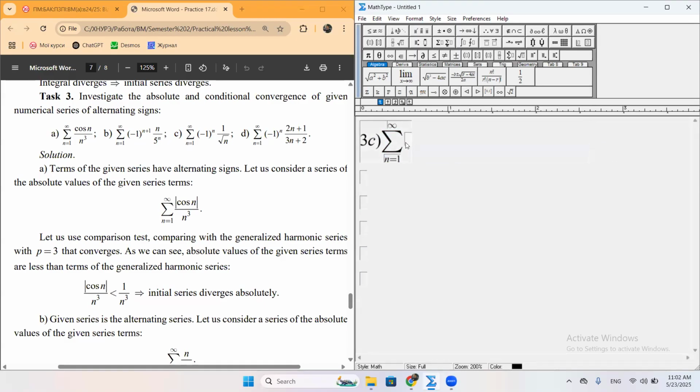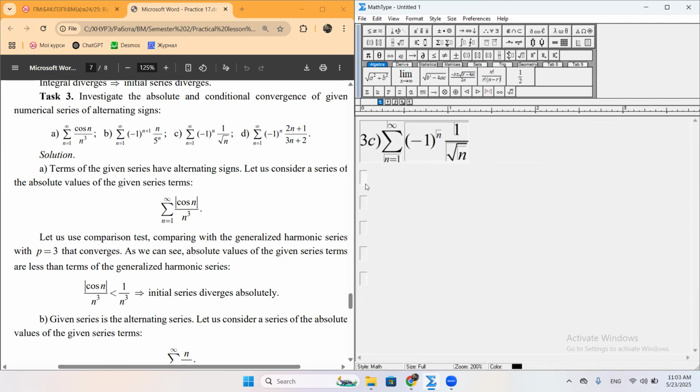That the sign of it alternates according to n. So minus 1 in power of n plus 1, multiplied by 1 over n over square root of n.